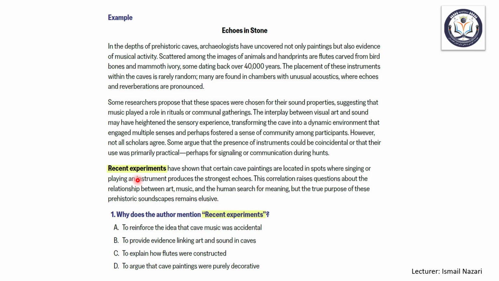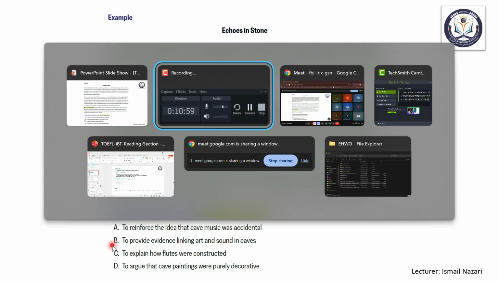It means these recent experiments provide the link between paintings as an art form and the musical instruments played as they sound in caves. So basically, that's what we have as the answer. B is the correct choice.